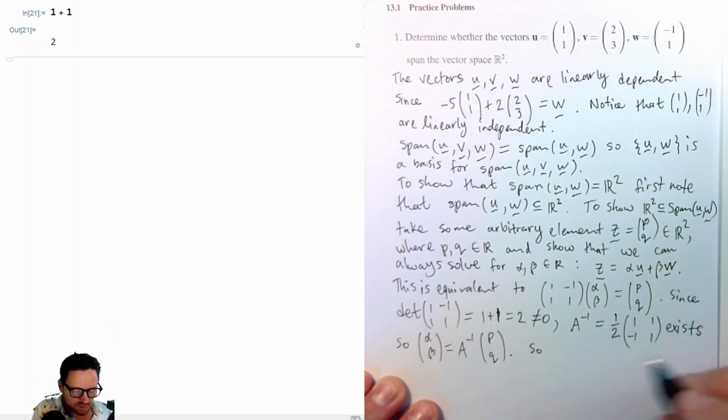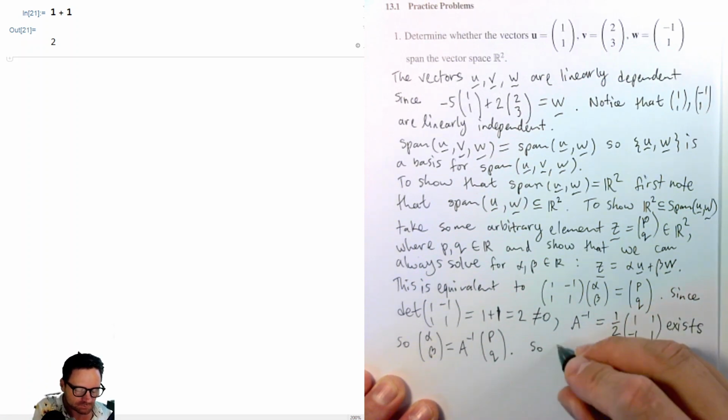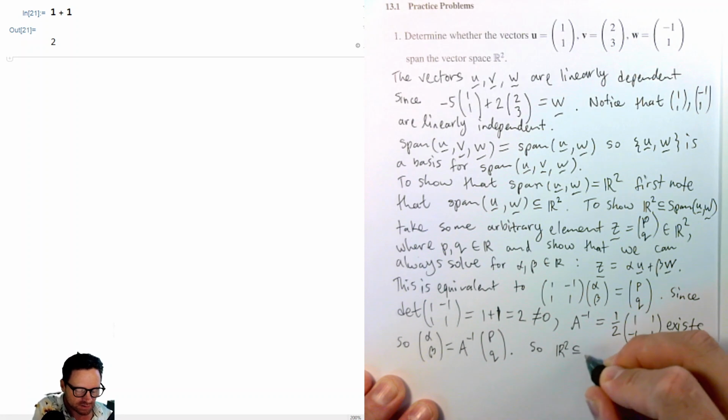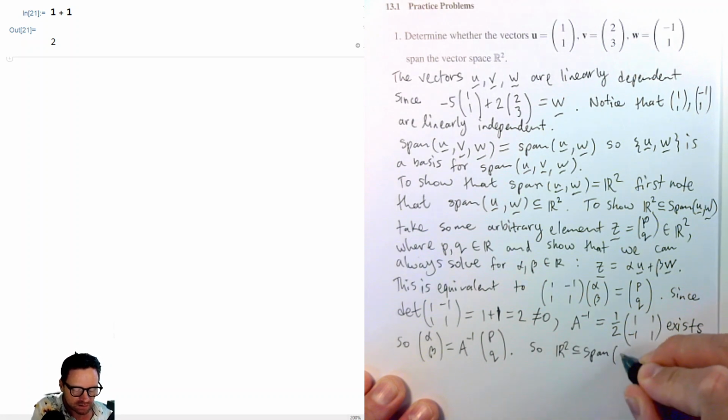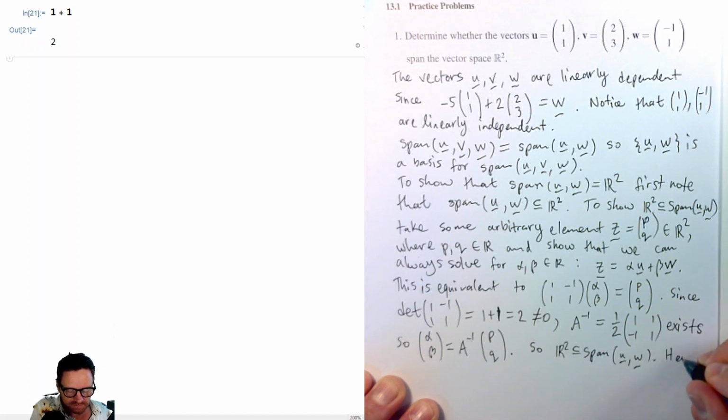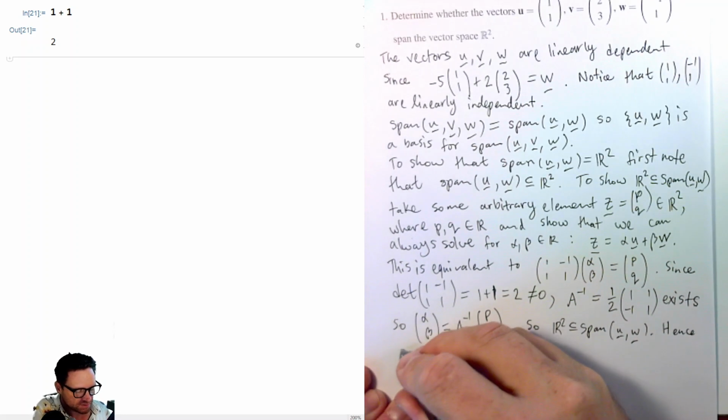So we've shown that R2 is a subset or equal to the span of u and w. Hence, these two have to be equal.